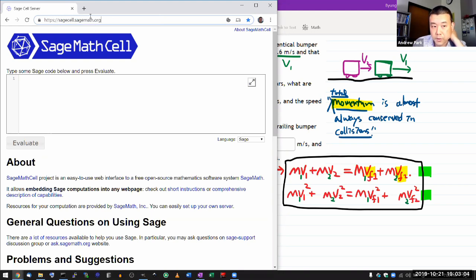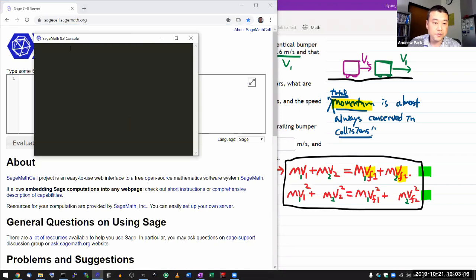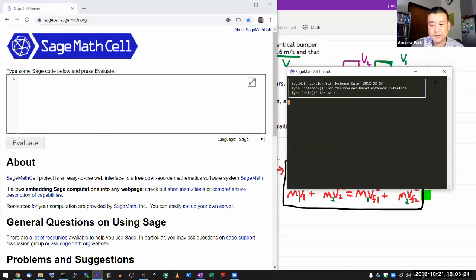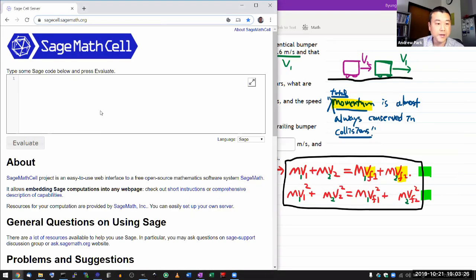This particular website, sagemath.sagemath.org, is the least hassle-some way of getting at it. I also have Sage installed on my computer, which I could have used to demonstrate, but if you have to install something on your computer, then it becomes very tedious. So let me not do that.